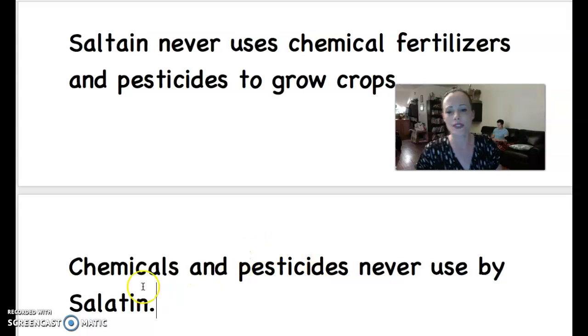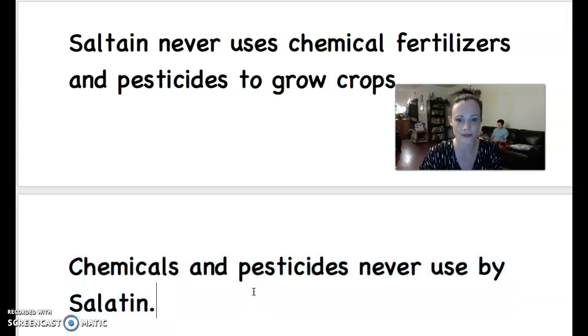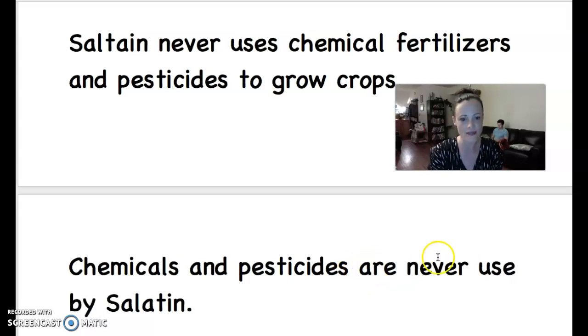Okay, so chemicals and pesticides don't use themselves. Someone else uses them. So you can't use an active voice structure. You have to use passive. So use is present tense. We're going to use present tense be. We're going to put it before the never. Are never, and then we need the past participle of use, used.